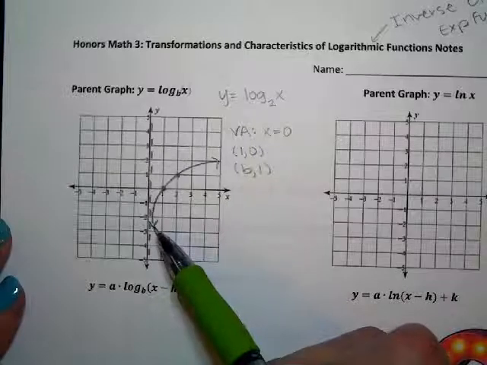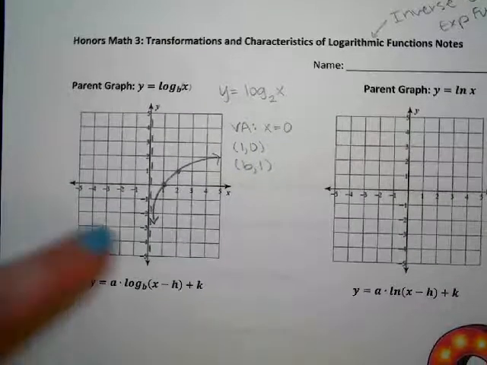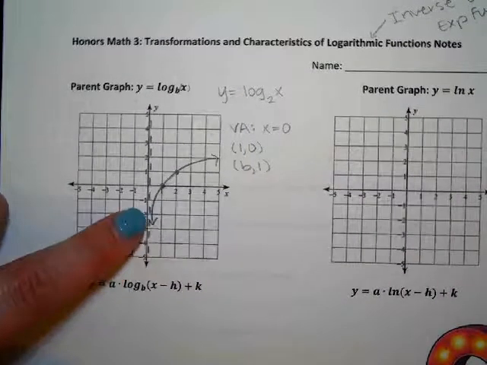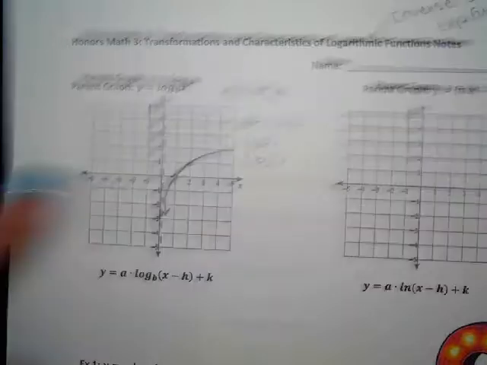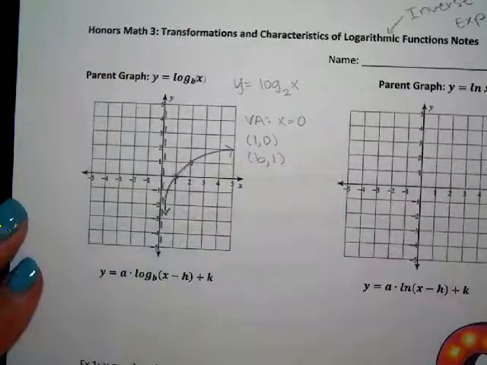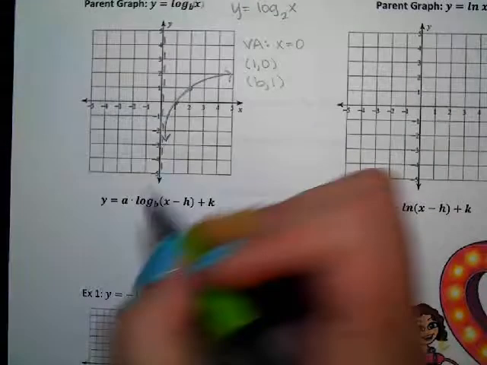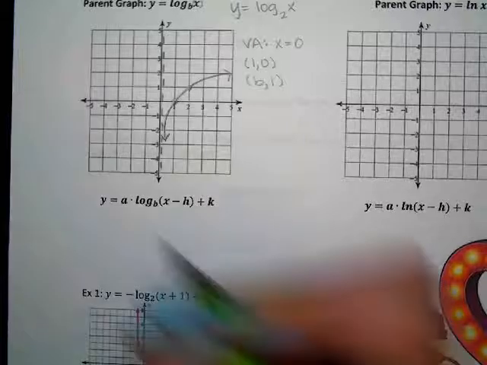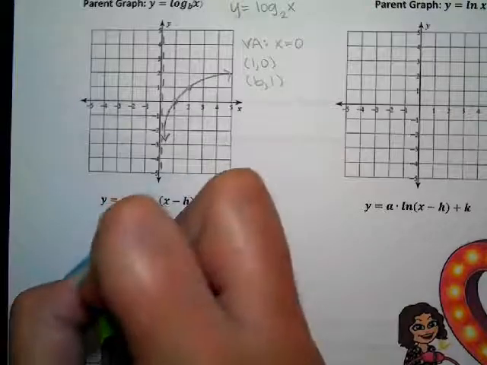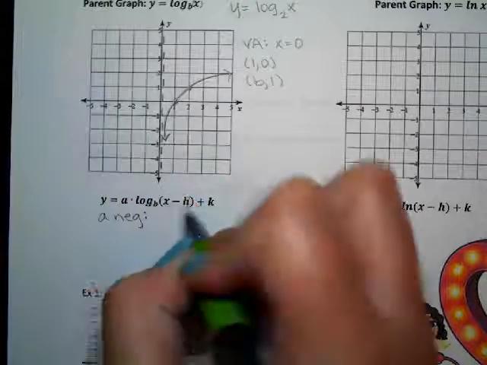All right, so we have that vertical asymptote. Here, it's a vertical asymptote, so it does not get crossed. You just have that line getting closer to it. As far as our transformations, we're going to be used to these. So we're going to say that when a is negative, that's a reflection over x.